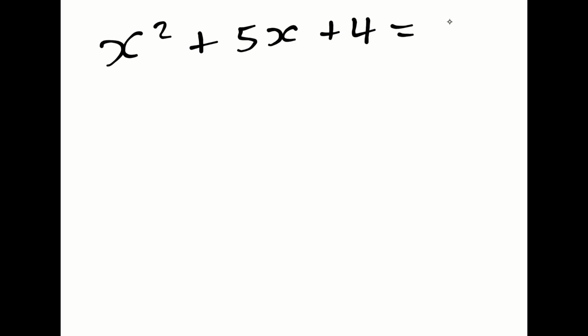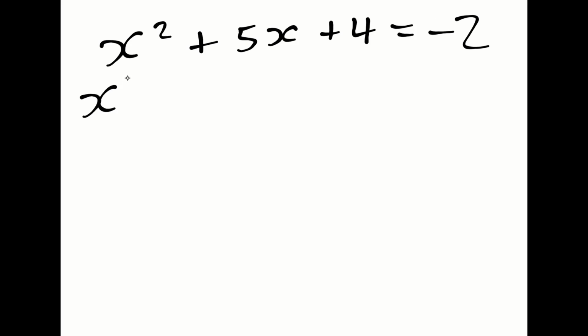Let's say we have a quadratic, x squared plus, let's say 5x plus 4 equals minus 2. Now, how would I solve this? Well, what we do is we get it so that we've got 0 on the right hand side.